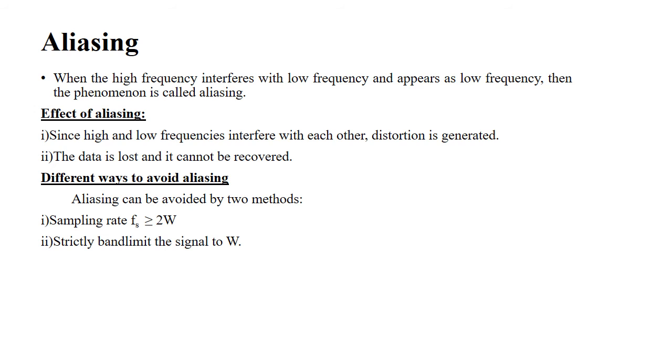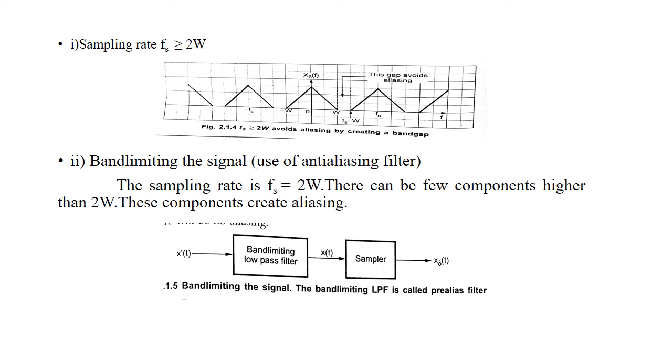It means when the sampling rate is made higher than 2W, then the spectrum will not overlap and it will have a sufficient gap between the individual spectrums.